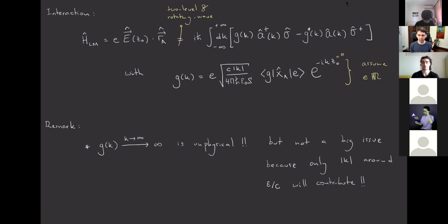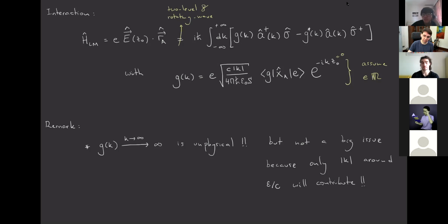So this is the first thing. Now that we have a model for the interaction between our open system, which is the small atom, and the environment, which is the free electromagnetic field, we can do what we did for the cavity. We can trace out the environment under certain approximations.